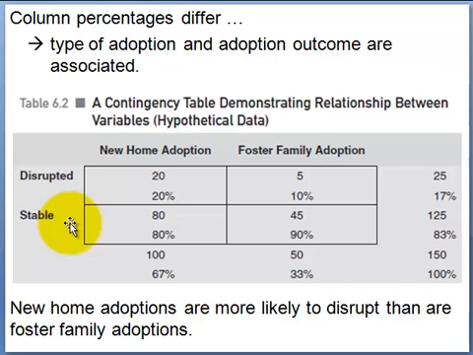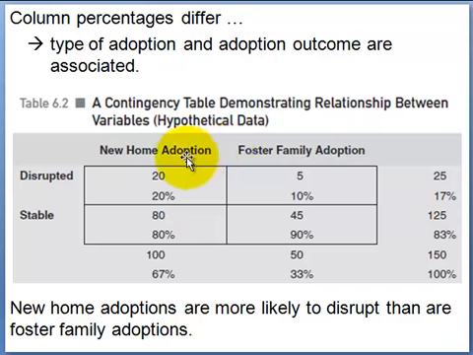Those rows are defined by the values of adoption outcome. Then you see it has 2 columns, those being defined by the values of type of adoption. So we have here a 2x2 table. And I should mention that difference in percentages is used predominantly in 2x2 tables. I'll show you later on how you can adapt it to larger tables.